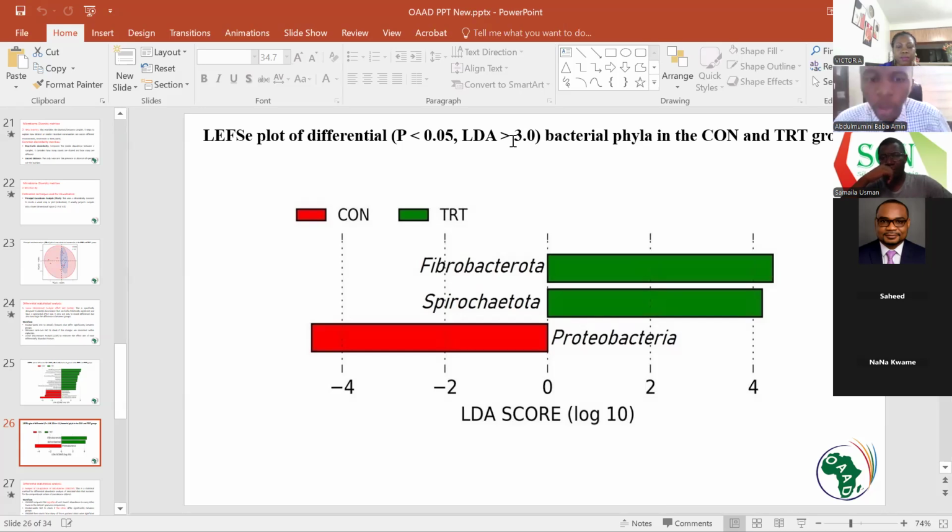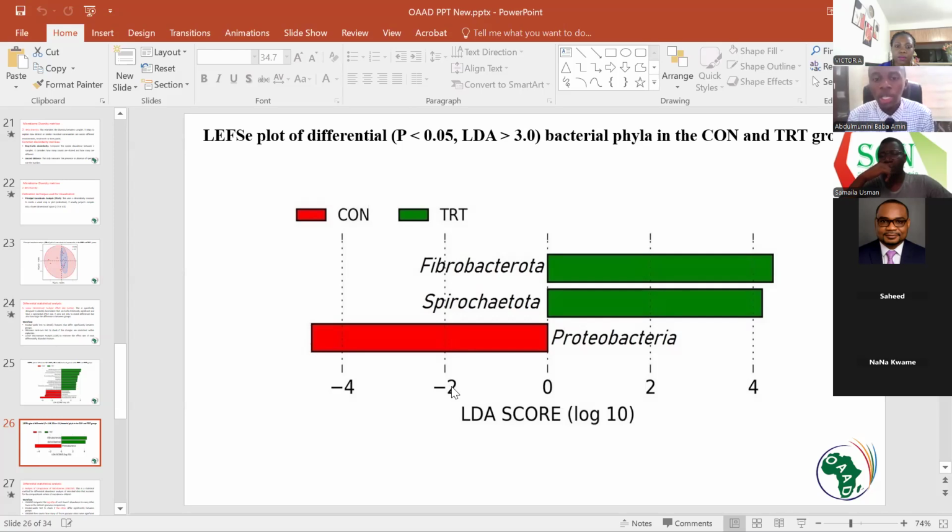Yes. The figure showing positive and negative is just a way of differentiating. Do you understand? However, in some LEfSe plots, it will show you all of them on the positive side. For example, this one showing -4, it's not -4, it's 4.